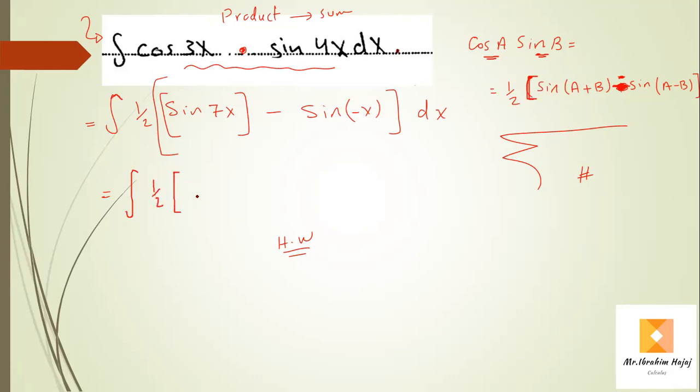So it's a half, and then sine 7x minus negative sine x, which becomes plus sine x dx. Mr., I think it's sine A plus B plus sine A minus B. The identity between the signs is plus.